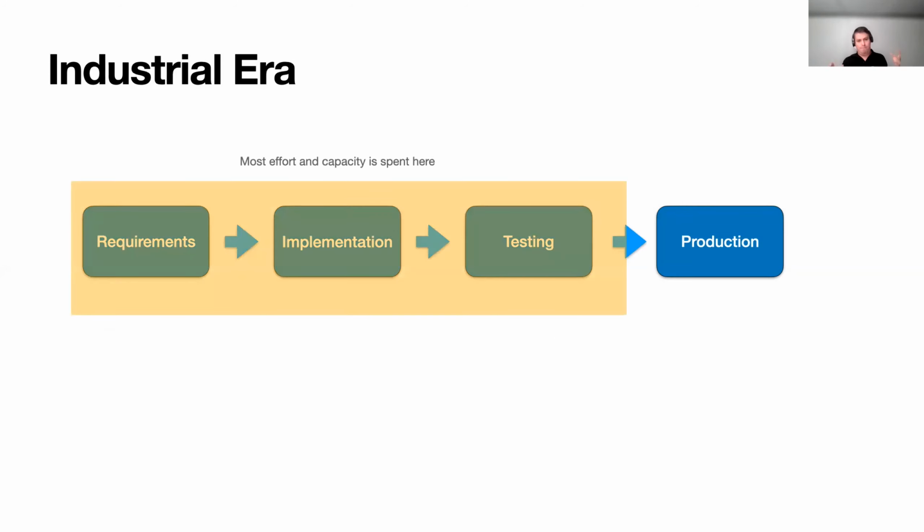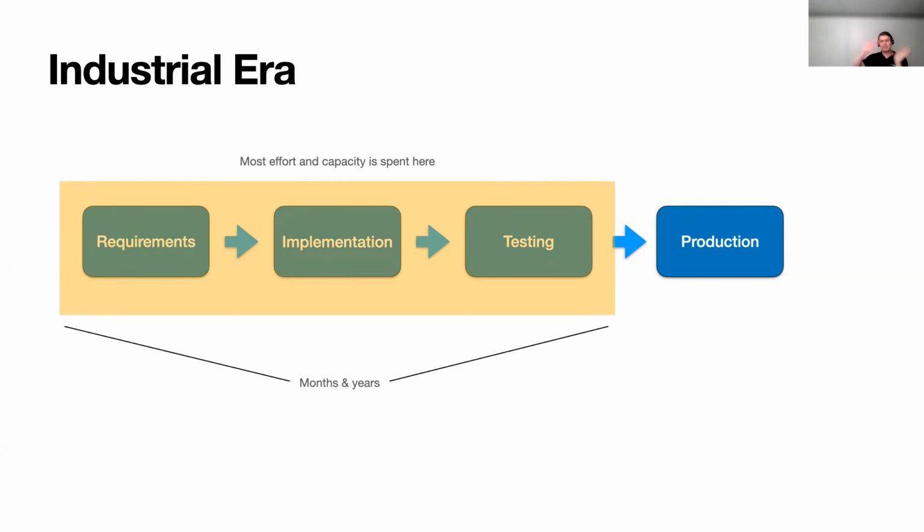And back then, you spent most of the effort and capacity in these stages, and the first 3 stages, really months and years went into them, and production was left to the very, very last.